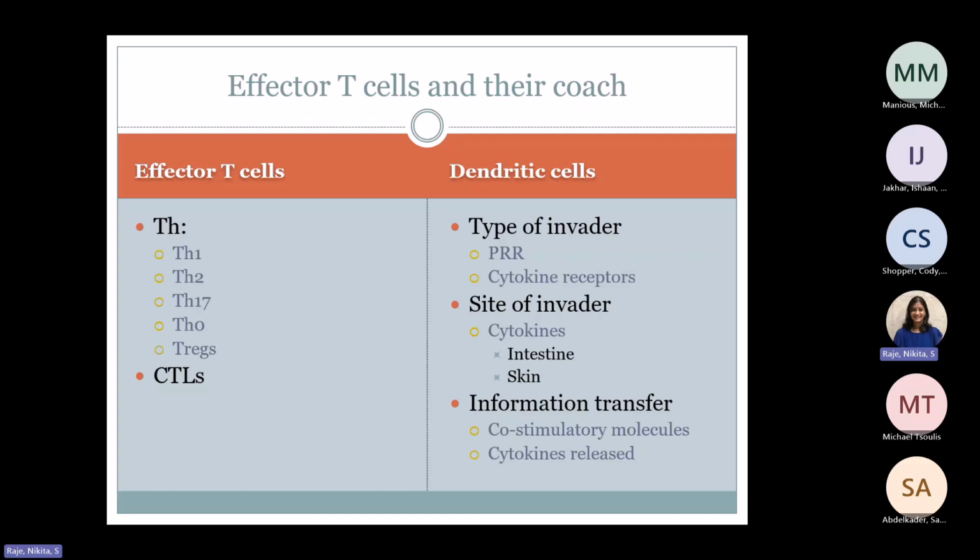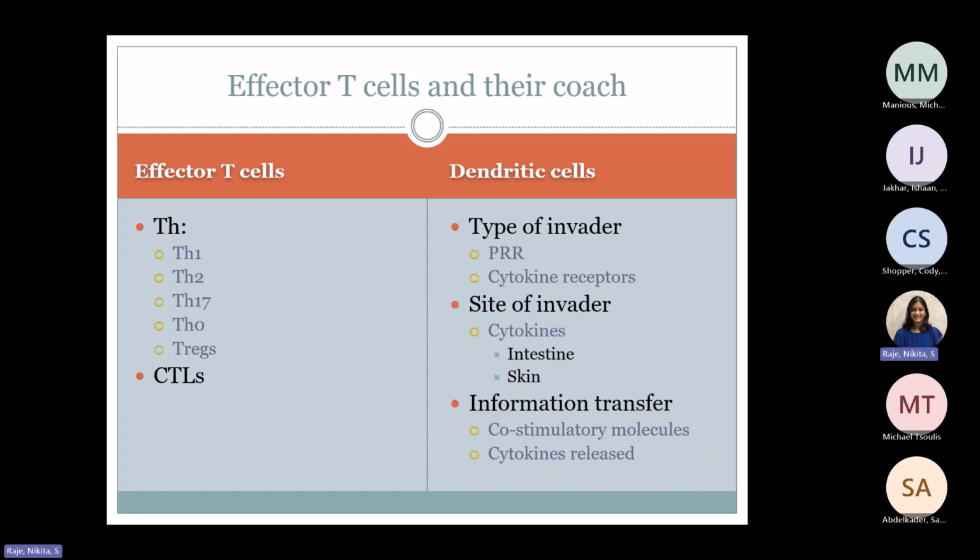So they have that information of the type of invasion. The site of invasion is also clear based on the cytokines that they are looking at. Whether these cells are in the intestine or skin, the cytokines that are released based on the invasion are different.